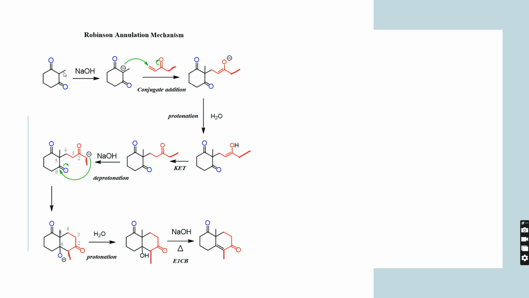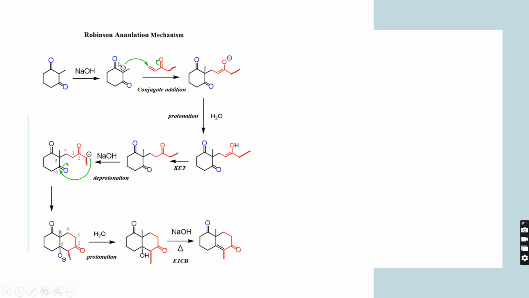So that highly substituted enolate will be obtained when you abstract this particular proton. After abstracting this proton, you will get this carbanion first, which is of course stabilized as an enolate, and that enolate will now add to this alpha beta unsaturated ketone.